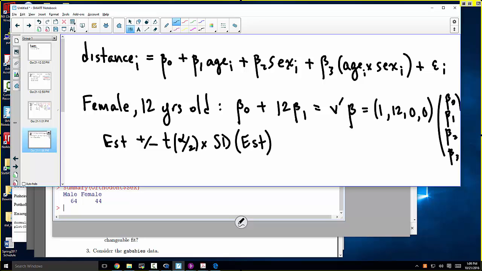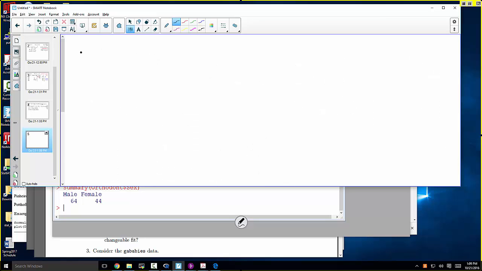My estimate of a female 12-year-old would be beta 0 hat plus 12 beta 1 hat plus or minus this. Or, let me go to another page, same thing would be V transpose beta hat plus or minus T times the SD of our estimate.